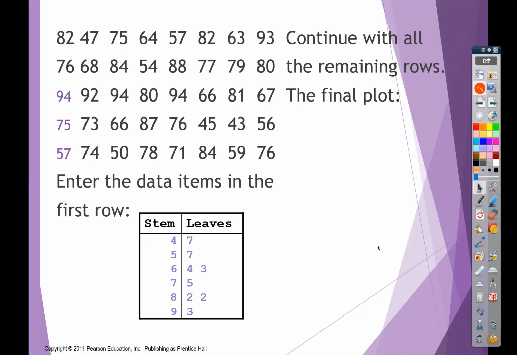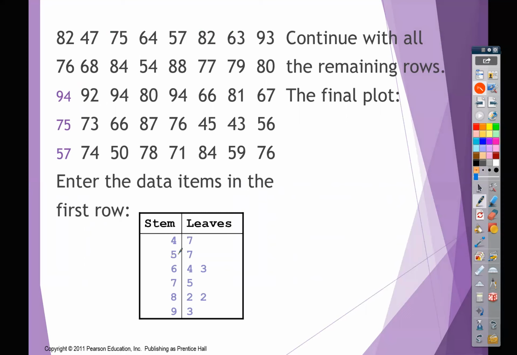These are the numbers again. So you're going to enter all the data in the first row. So for instance, this number would be 47, 57, 64, 63, 75, 82, 82, 93. That's how you do it. So the stem is all the numbers in the tens digit, and the leaves are all the one digits.